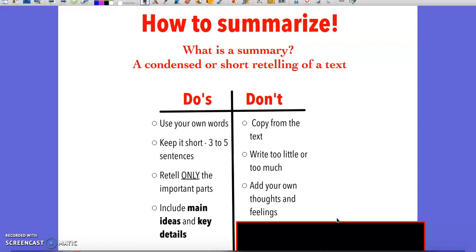Okay? So now that you know what you need to do and what you should avoid, there's 2 specific ways that we can use when reading a text to figure out what things we should include in our summary. The first is something that we've done before in class together, and that's the 5 W's. Who, what, when, where, why. Say it with me. Who, what, when, where, why.